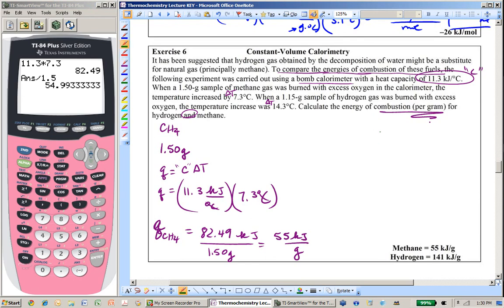Let's see what I get for hydrogen. How much did I burn? 1.15. And Q is equal to that big C, delta T, looks like cat. Alright, and it's still the same bomb, so 11.3 kilojoules per degree C times how much temperature here? 14.3.